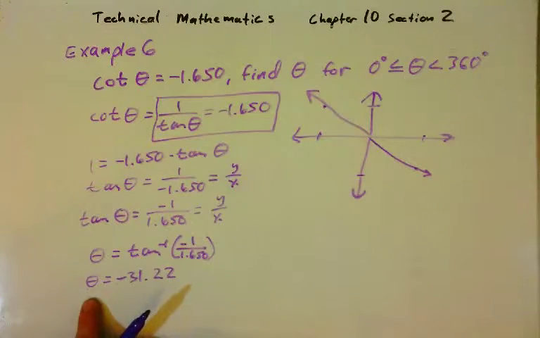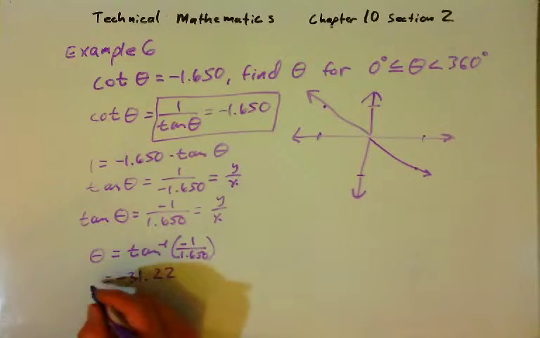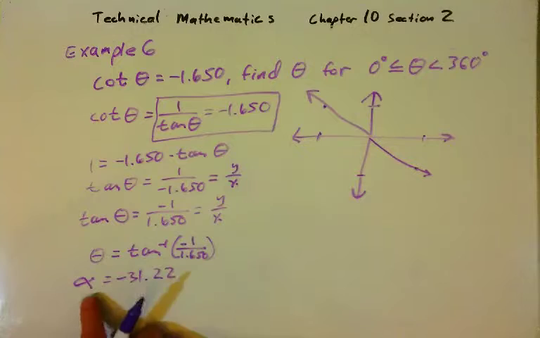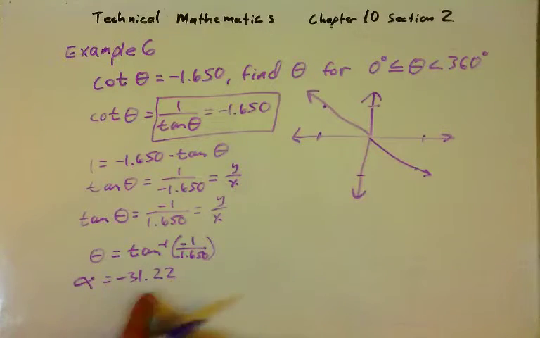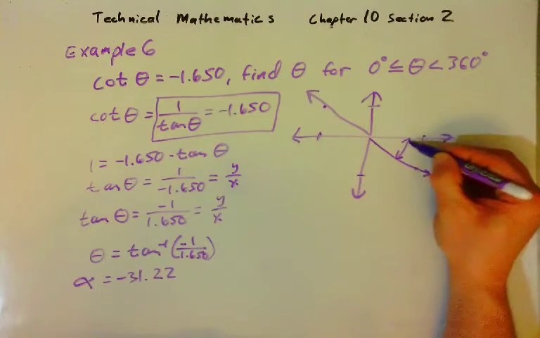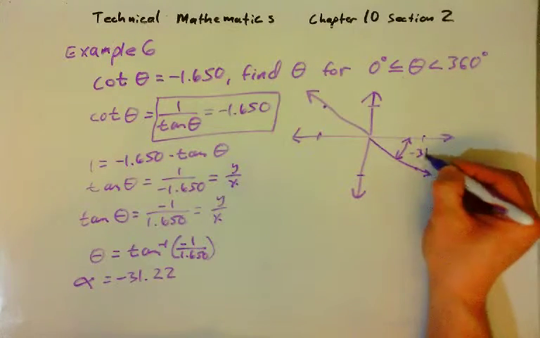And so that is not actually theta, that is alpha, the reference angle. So remember, anytime we use the inverse trig functions on our calculator is telling us alpha. So negative 31.22, that is one of the reference angles.